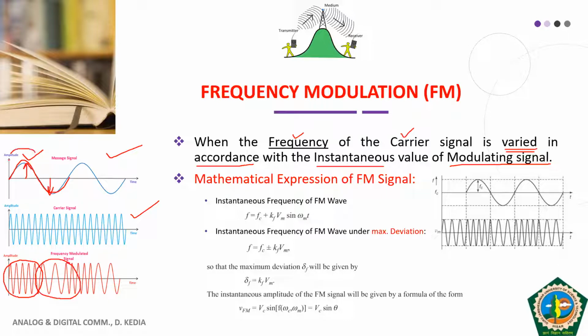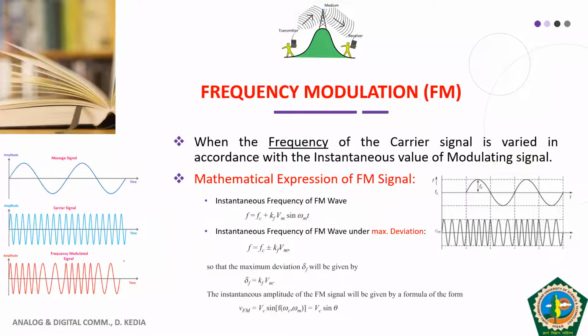During this portion of the message signal, your amplitude was first increasing, and that's why your frequency is first increasing. Then your amplitude starts to decrease, so your frequency starts to decrease. Then in this portion where your amplitude is negative, your frequency has decreased. Then the amplitude of the message signal again increases, so the frequency has again increased, then decreased again.